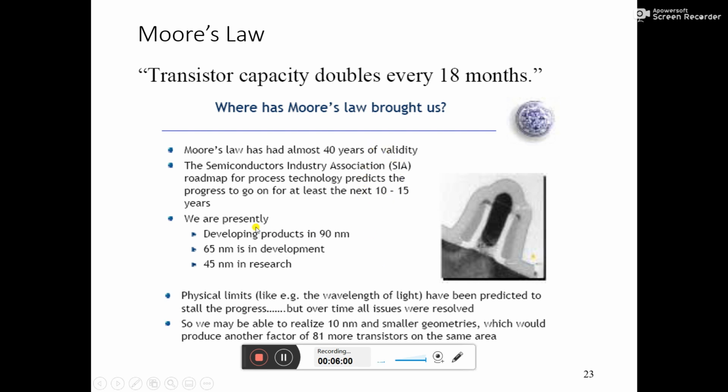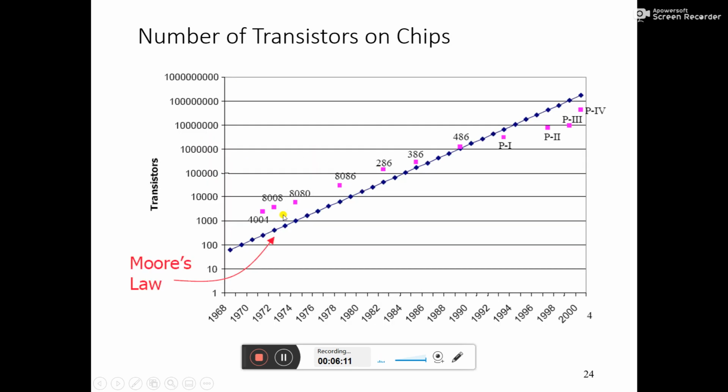Here Moore's law is exhibited: capacity doubles every 18 months. In this diagram we start from 1968, and in 1969 we have fewer than 100 transistors per chip.